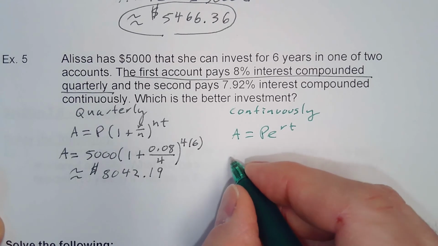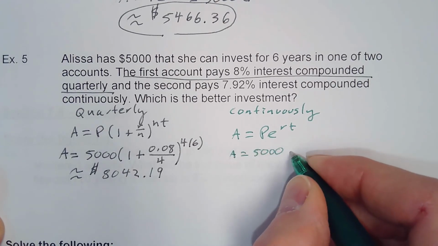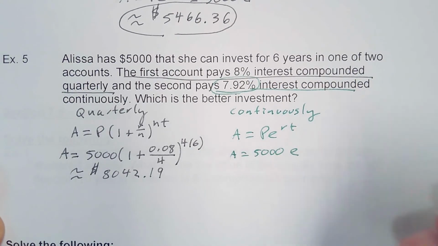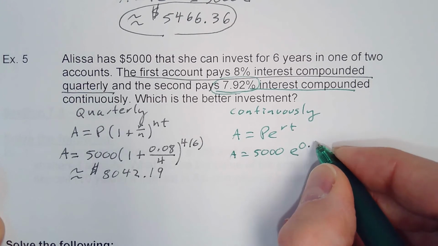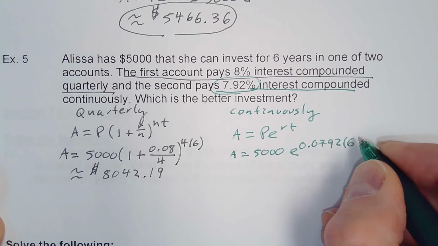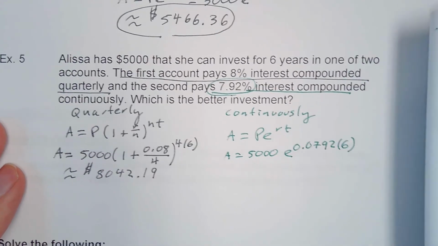Now let's do the second one. So principal is still $5,000. We have a slightly different interest rate, 0.0792. Time here is 6 years. So now we're going to plug that in.